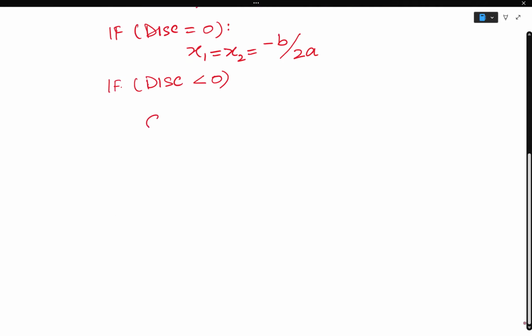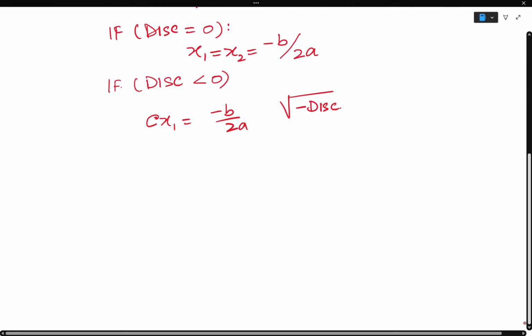We will have the complex number cx1 with the real part as minus b by 2a, plus the square root of minus the discriminant, which should be calculated separately. This will be considered the complex component.